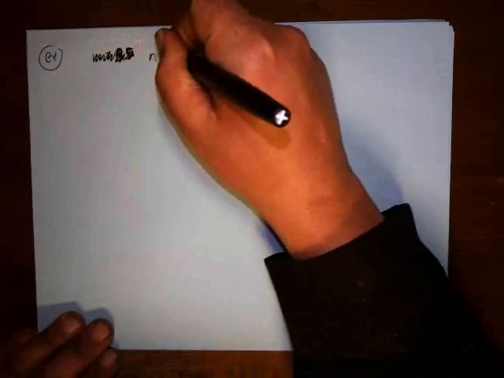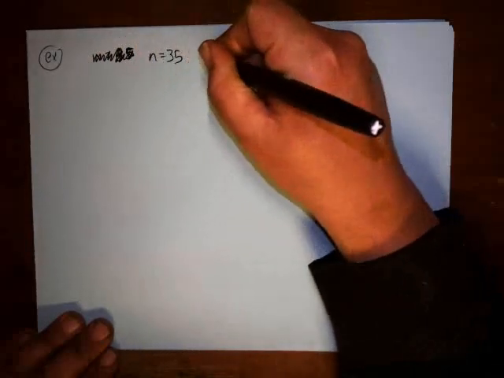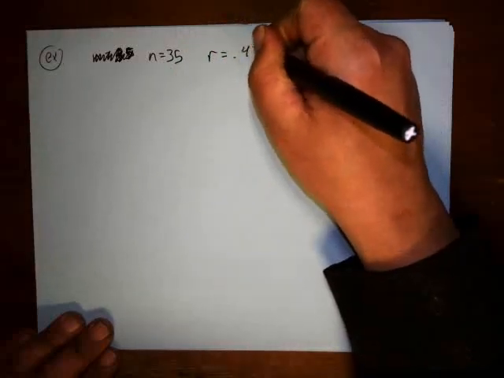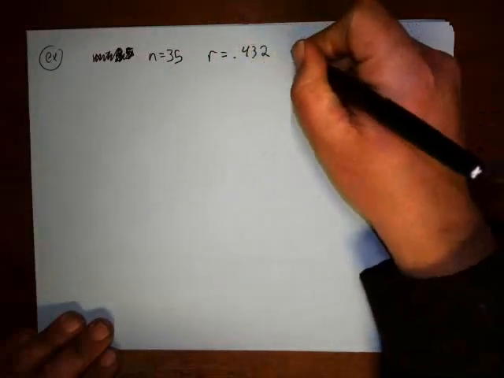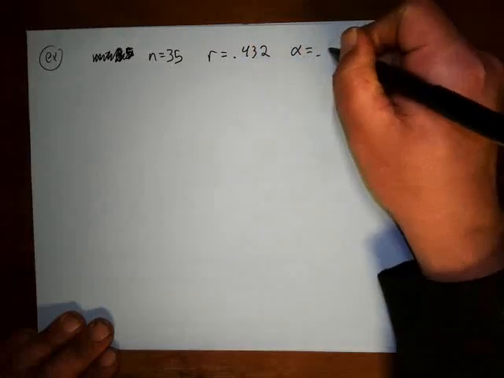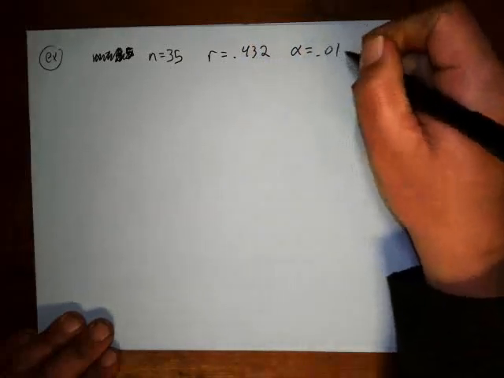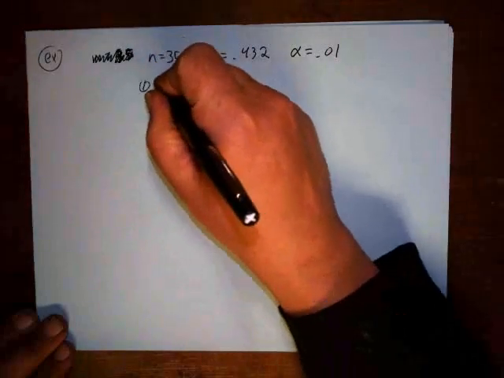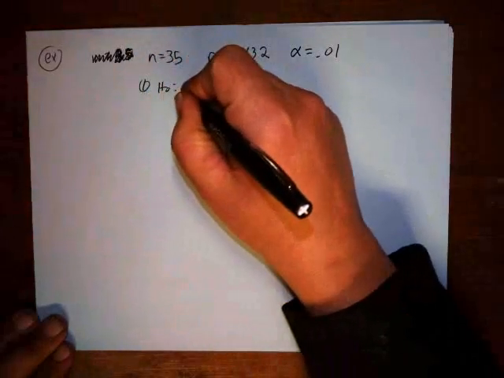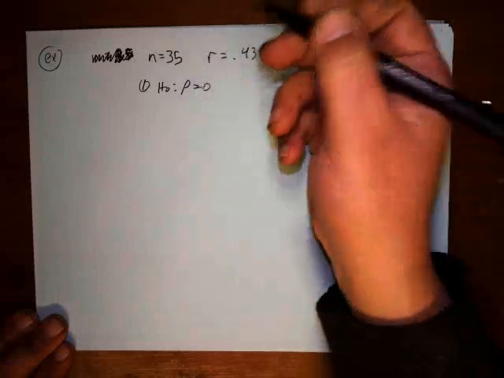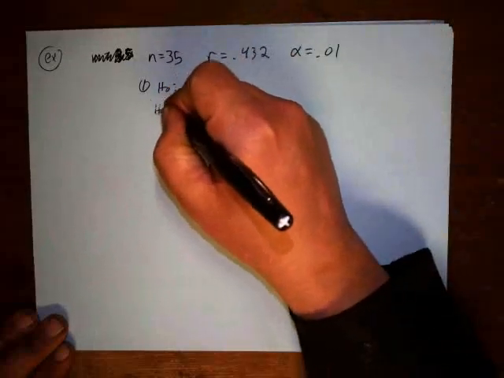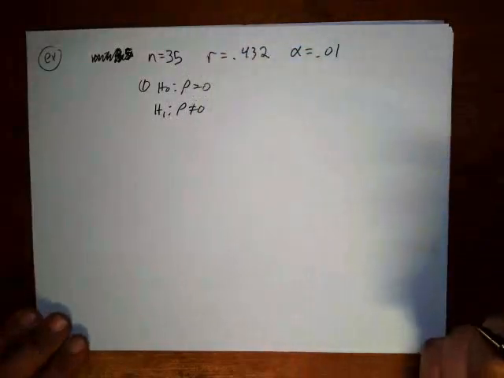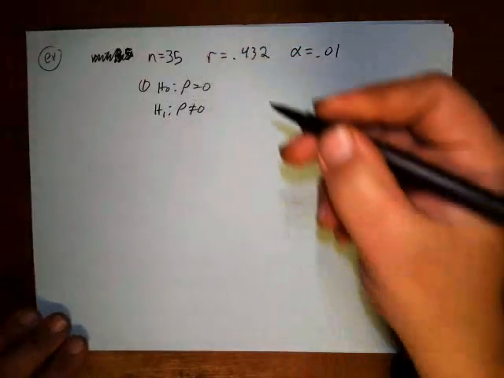Let's say n is equal to 35, R is equal to a positive 0.432, and we want to test this at alpha equals 0.01. Remember the null will always say that rho is equal to 0, there is no correlation, and the alternative will always be rho is not equal to 0, there is at least some correlation.